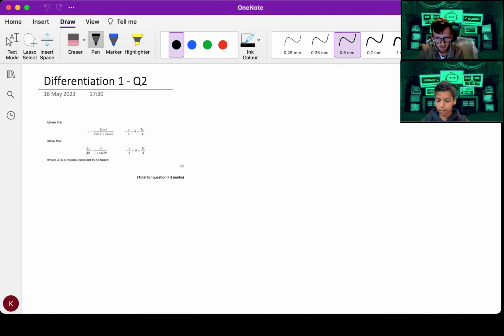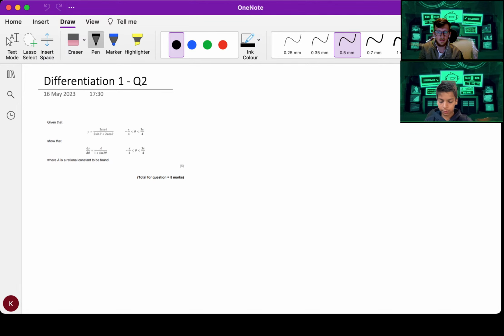Given that y is 3 sine theta divided by 2 sine theta plus 2 cos theta, show that dy/d theta is a over 1 plus sine of 2 theta, where a is a rational constant to be found.